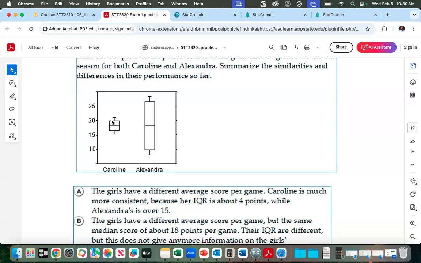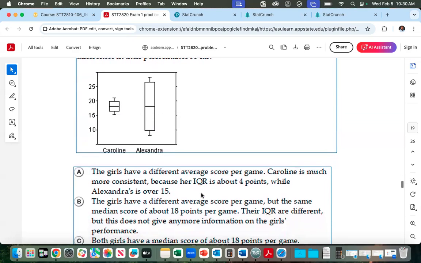This is Q3, this is Q1. So you can see Q3 is around 20, and then Q1 is around 16. Can you see that? And then here Q1 is around 10, and this is more than 25. But the median is the same. So we will not take A.